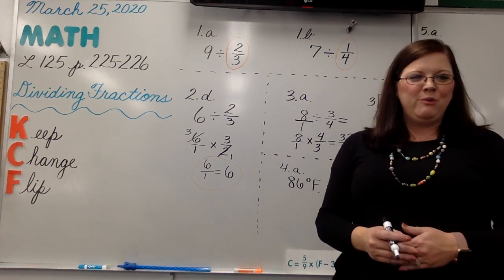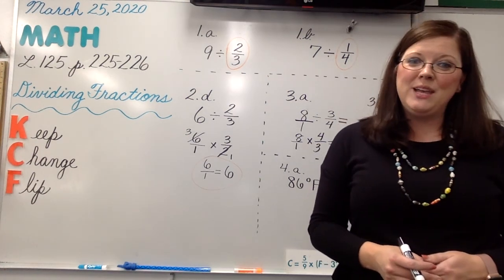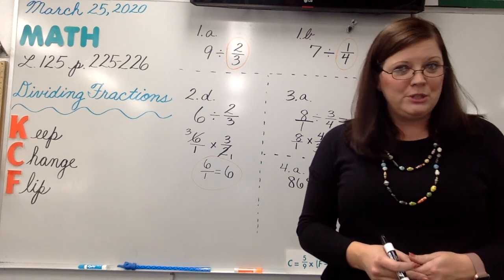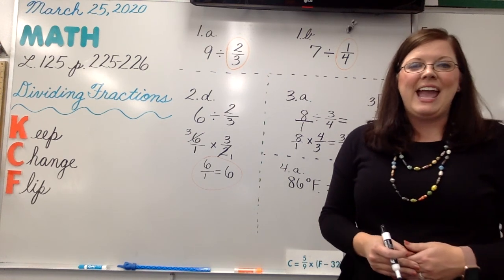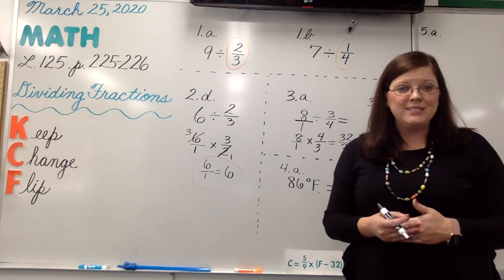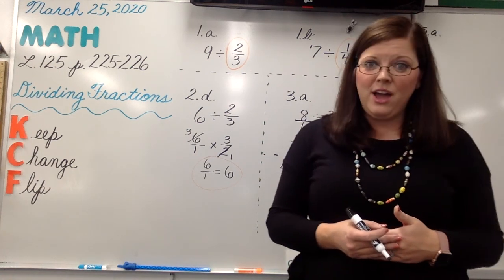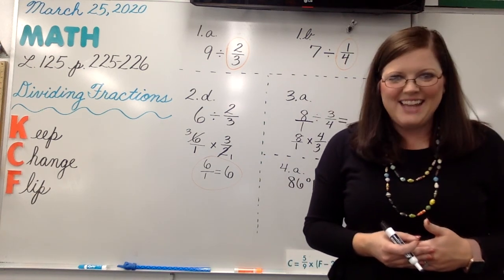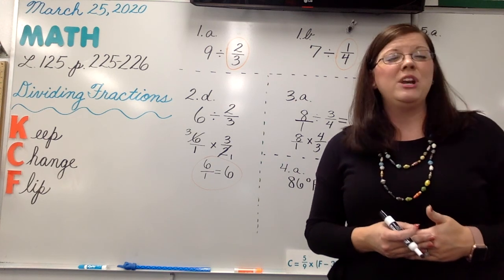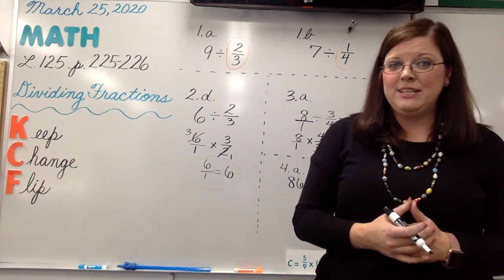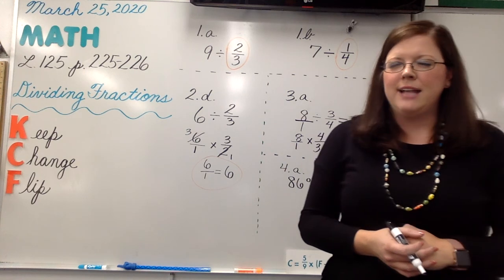Today, not only are we reviewing dividing fractions, but we're also doing a little bit of review with our temperature converting. Remember, we do have 2 scales of temperature. We have Fahrenheit, what we use here in the United States, and we have Celsius that pretty much everywhere else in the world uses, except for 2 other countries besides ourselves.